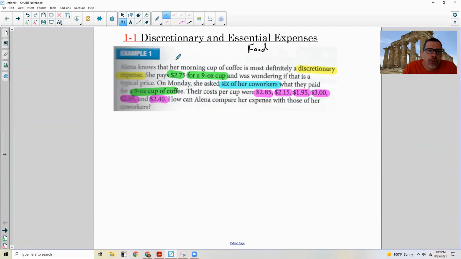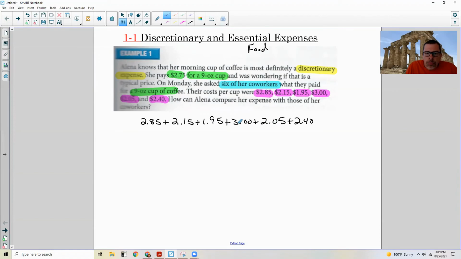Okay, so what she should do is use a comparison with the mean, the average of what her coworkers paid. So in order to do an average, what she would do is take all of these values, 2.85 plus 2.15 plus $1.95 plus $3 plus $2.05 plus $2.40.